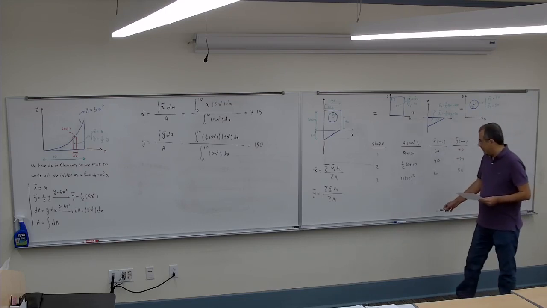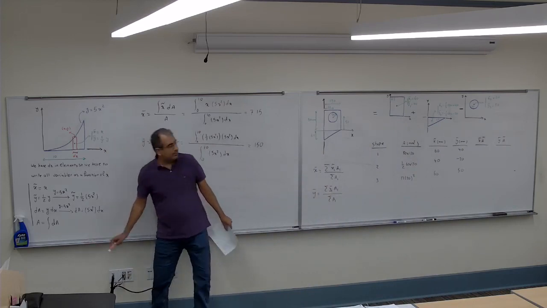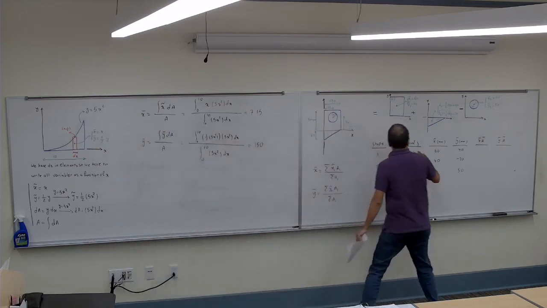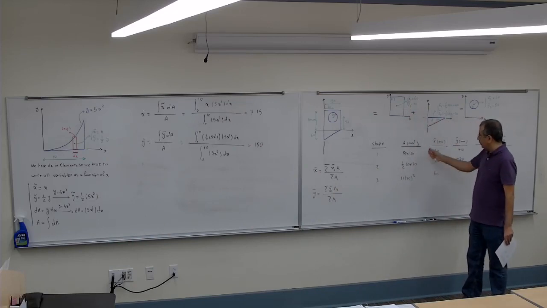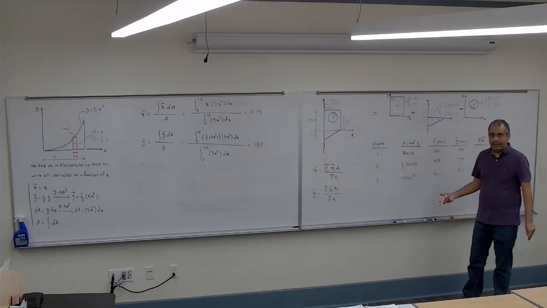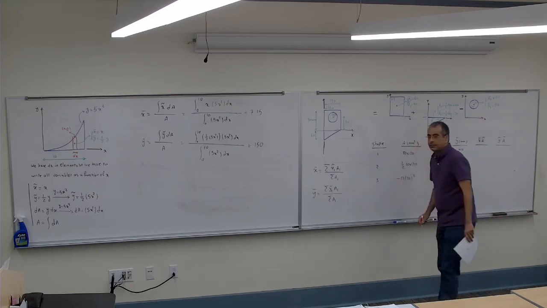One other thing I want to mention is the area that we calculated. For the rectangle it's the real one, for the triangle it's the real one, for the circle we don't have it, it's the hole. So it's gonna be negative.